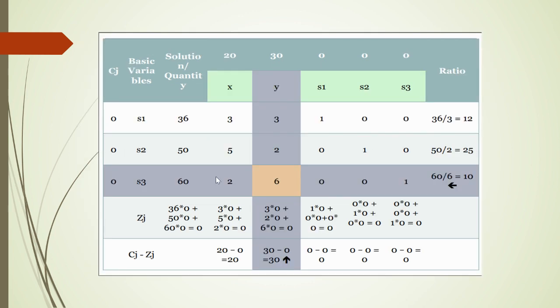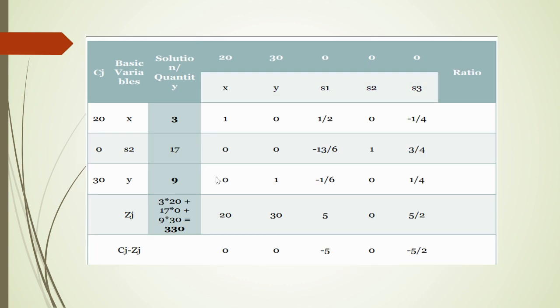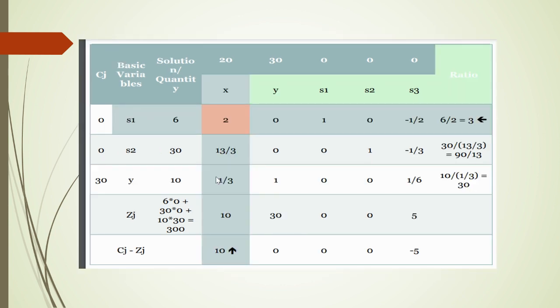After this we subtract the new row from the S1 row. 36 minus 30 is 6.